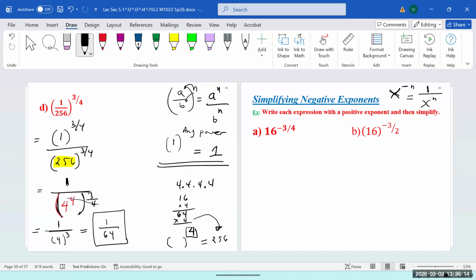So they are asking here what number, when you multiply 4 times, turns into your base 16. So we are going to keep the negative 3/4 power, but rewrite the 16 as something to the 4th degree. What number when you multiply 4 times? 2.